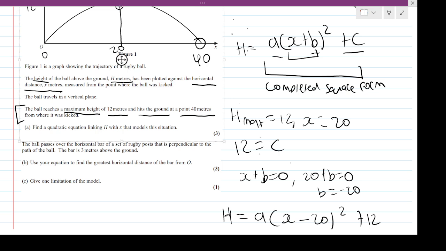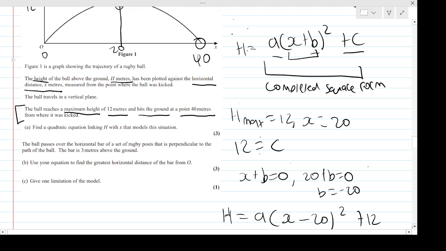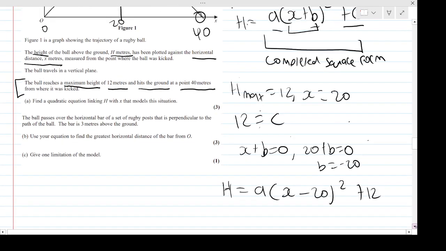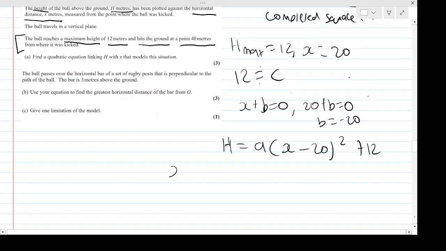Alternatively, when x is 40, h would also be 0, because it hits the ground at x is 40, which again corresponds to being on the x axis. Anyway, we've got another point we can put in. So when x is 0, h is 0.